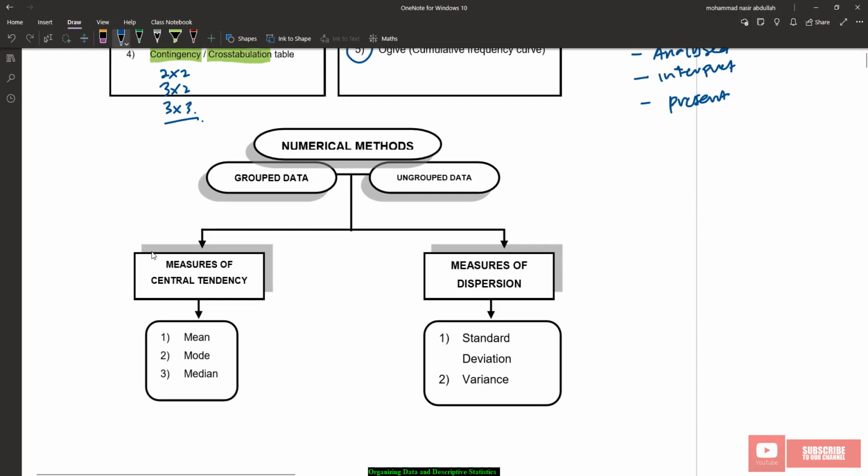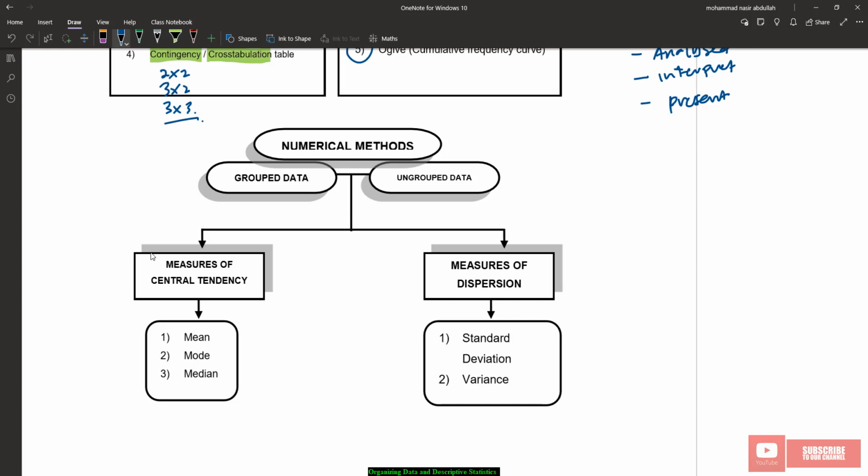So now for descriptive statistics, either grouped data or ungrouped data. Grouped data means that the data is categorized into groups, right? And ungrouped data means the data is raw data. We have very massive data, then we are going to analyze it. So there are two measures of descriptive statistics.